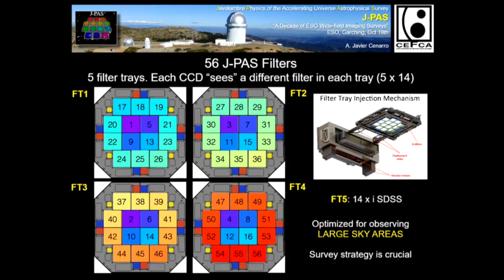So what we do is some clever strategy to populate the filter trays with different filters, as you can see, in the sense that each CCD sees only one filter. Okay, and then you can change the filter trays during the observation. So this of course implies that you need to do some clever survey strategy.